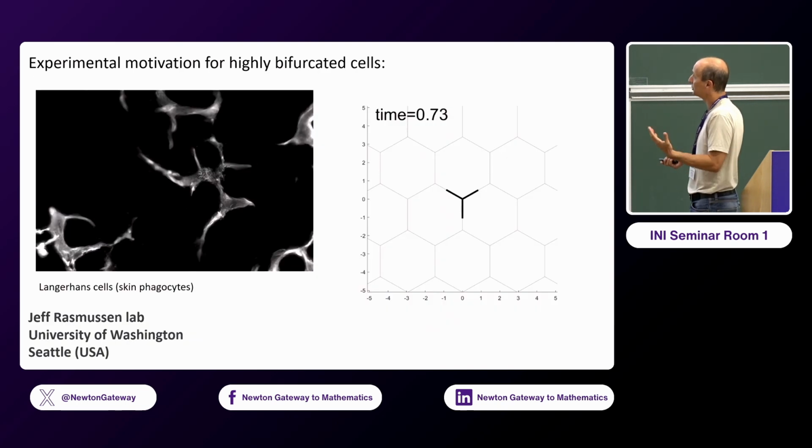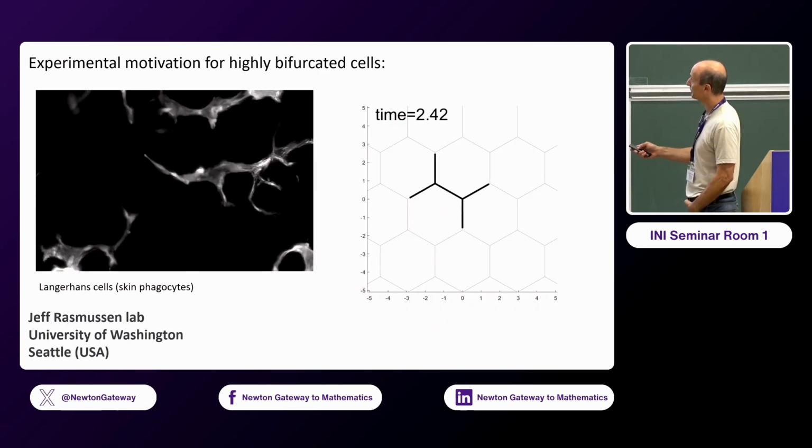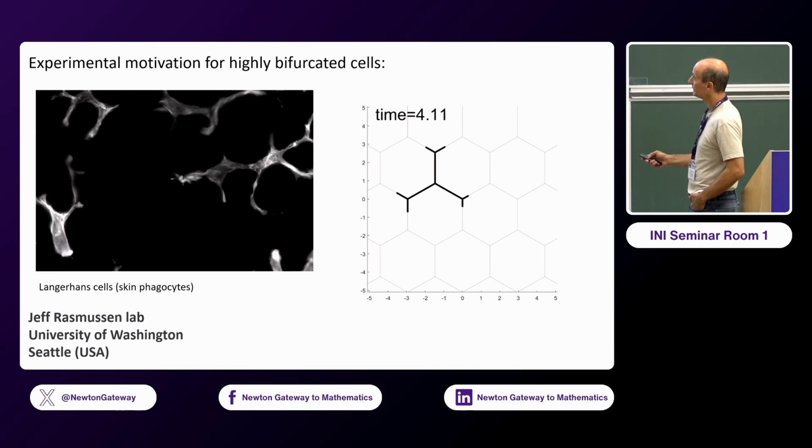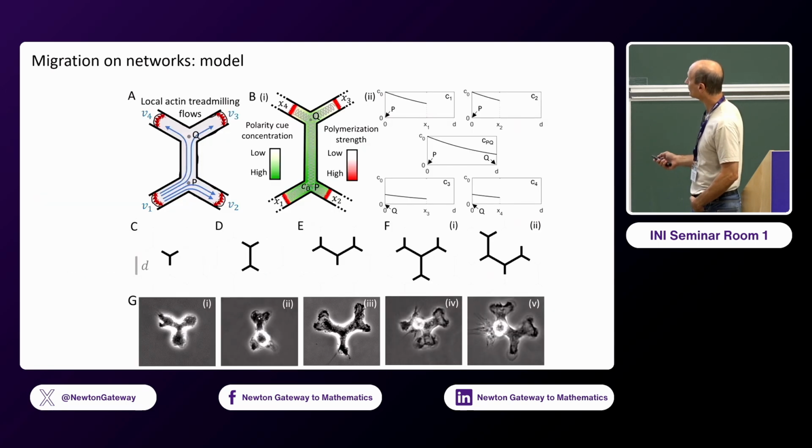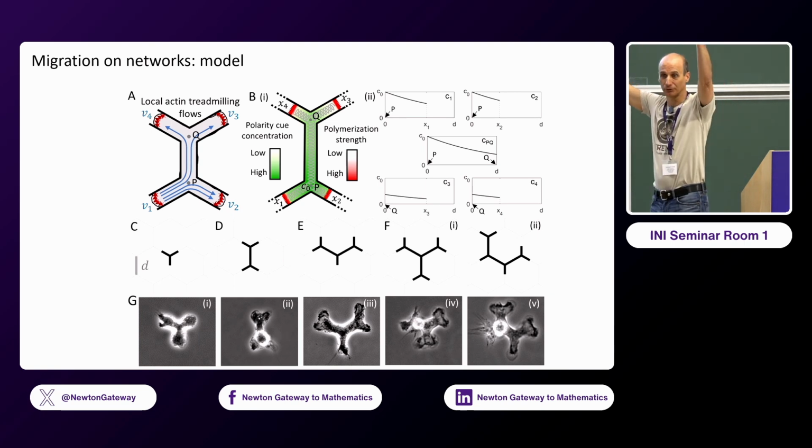So they span many junctions. That's another example from another kind of cell that exists in your skin. So essentially what we did is extend the model that we had before. But now, instead of the flows bifurcating and splitting in two at a single junction, they continue to split more and more as they go through more and more junctions.